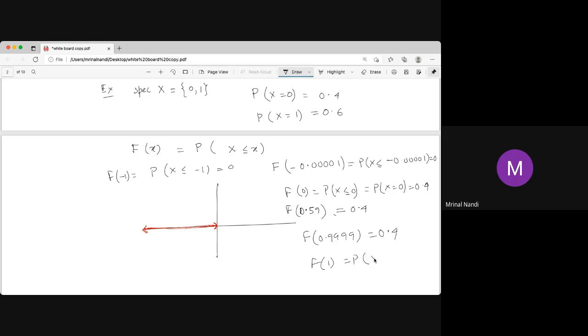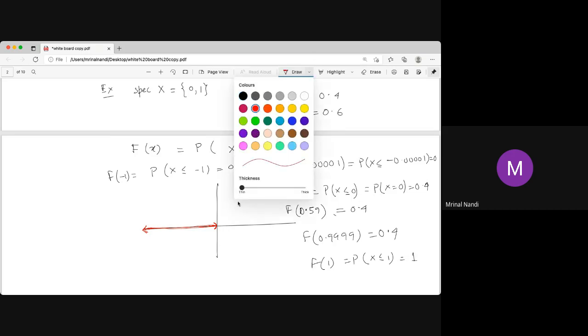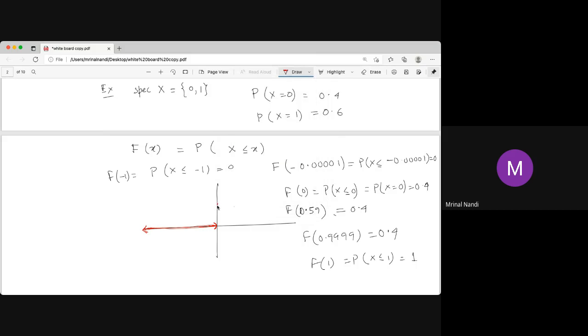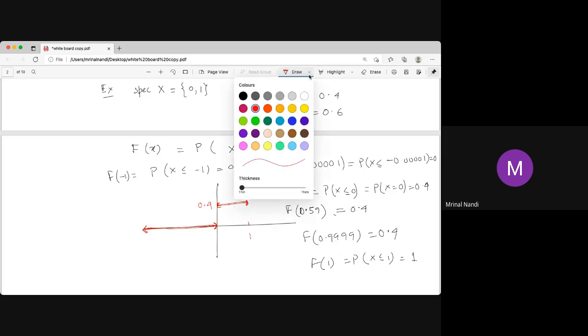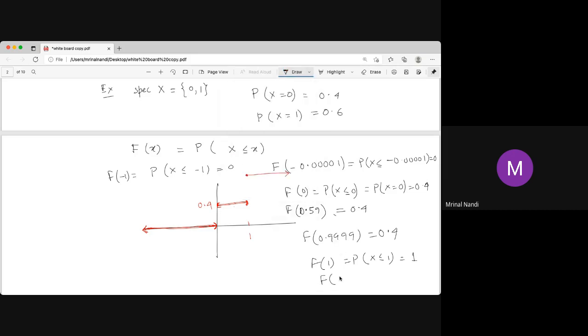It is the probability of X less than or equal to 1, which takes both 0 and 1, so it is 1. So at 0 it is 0.4, up to just before 1, open interval, it is 0.4, and at 1 it is 1. Now F of 2 is 1, F of 3 is 1, F of 100 is 1, F of 1 crore is 1. So this is the graph of the distribution function.